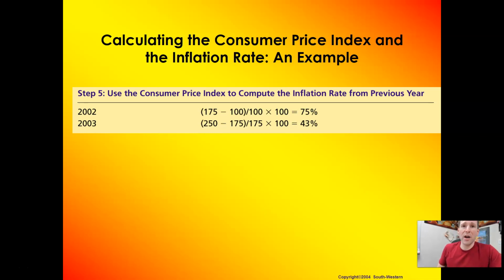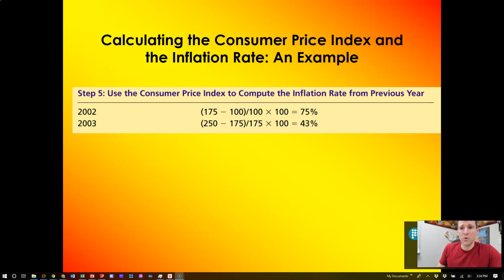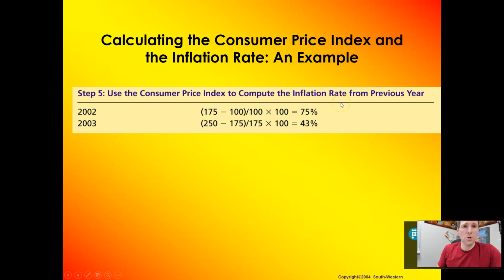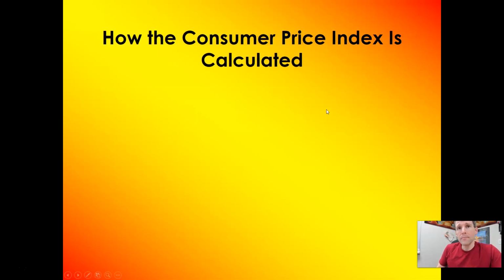So 75 divided by 175 gives you 0.43, so 43% was the inflation rate from 2002 into 2003. So this is how we work it. This is how we figure out what the inflation rate is.